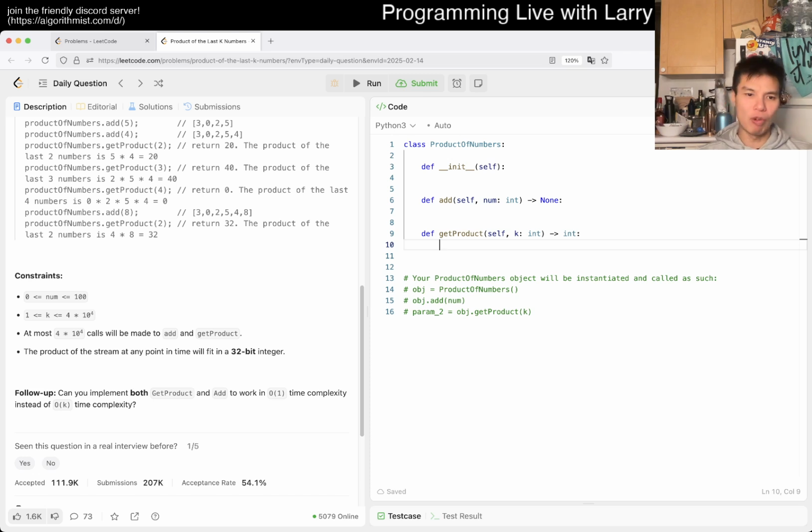So that's not quite O of 1. The prefix sum idea is O of 1, but I feel like that is possibly whatever, but maybe that's fine. I don't know. It's an awkward problem for sure.